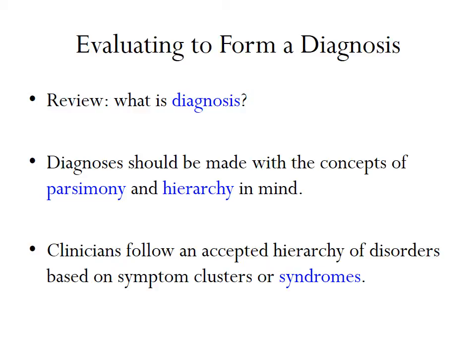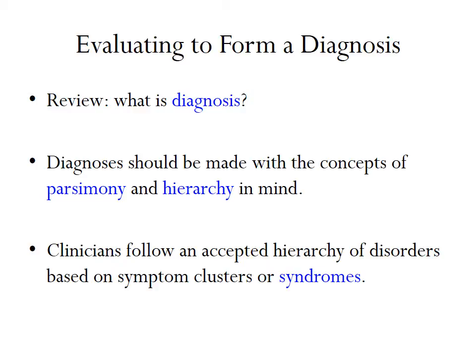This hierarchy is based on the syndromes or clusters of symptoms that clients present with. There are some symptom sets that are more severe than others. This severity necessitates our treating those before addressing other less vital or less imminently dangerous symptoms.